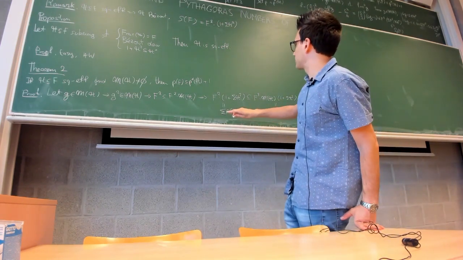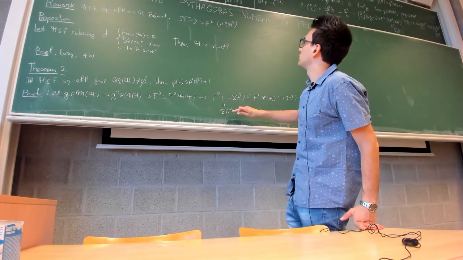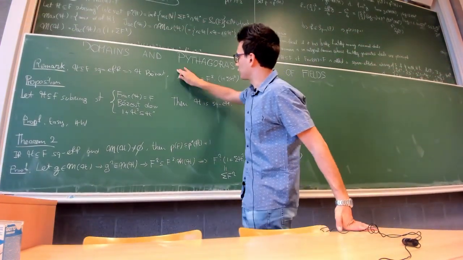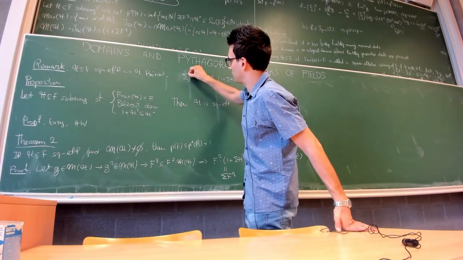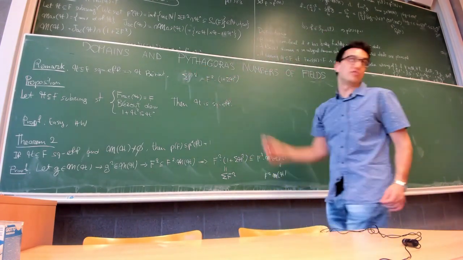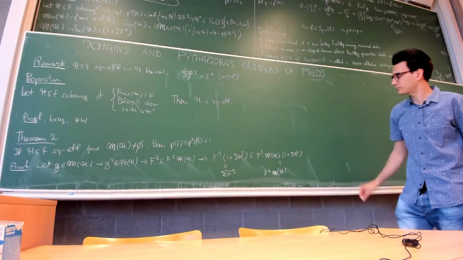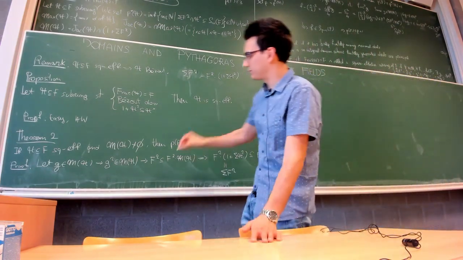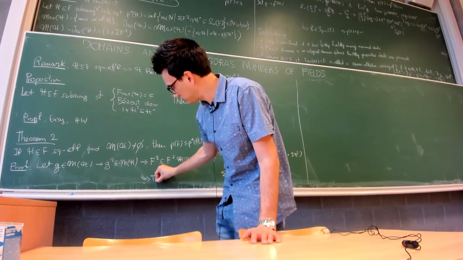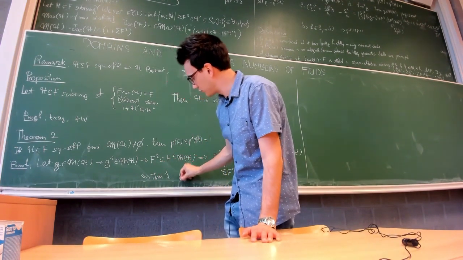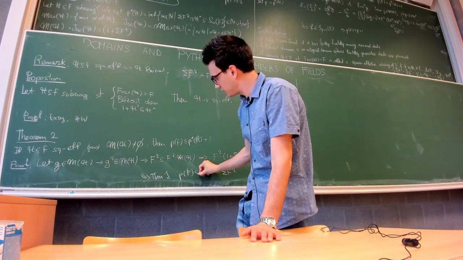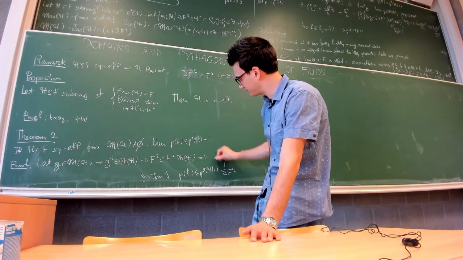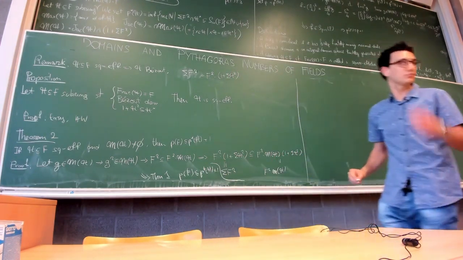Here of course, if I include the 0, I should put 0 also on the left side. Okay, so by theorem 1, we get that the Pythagoras number is bounded by P star of H plus 1.